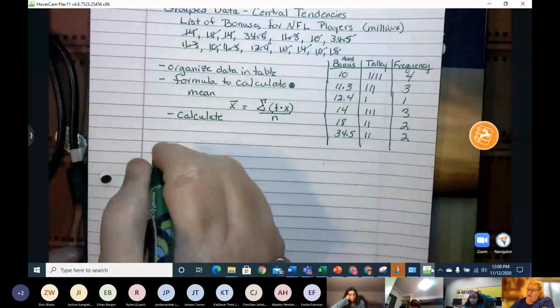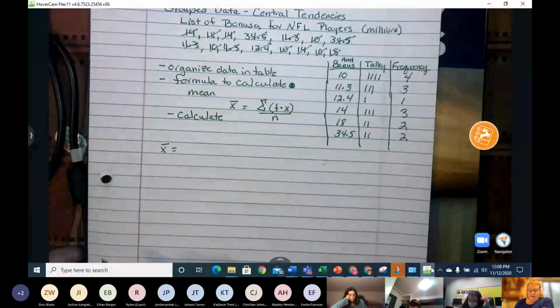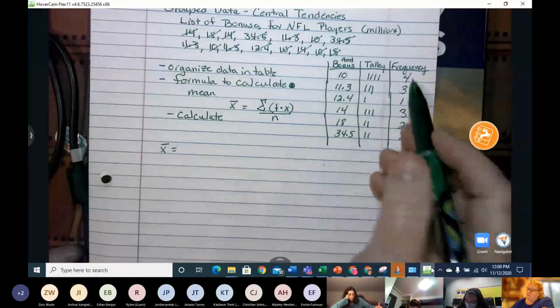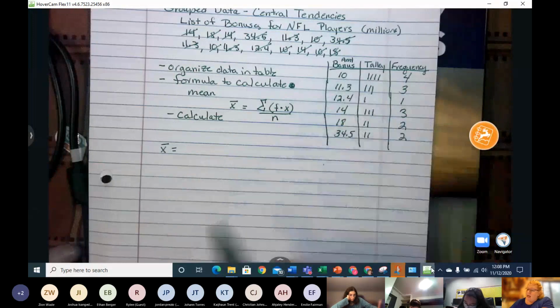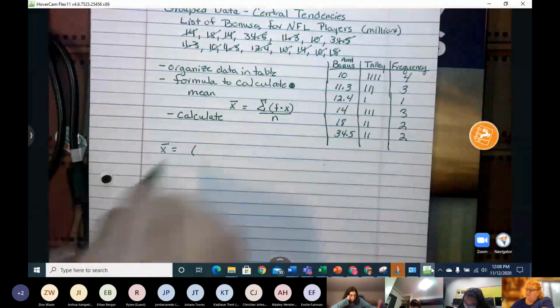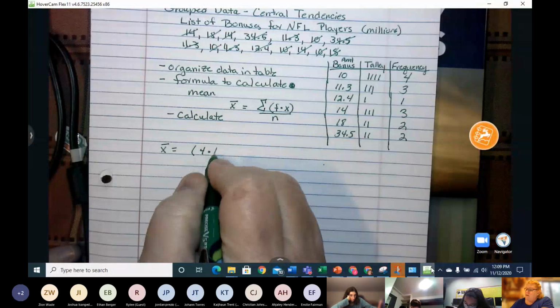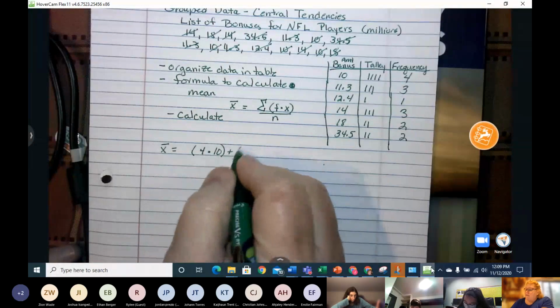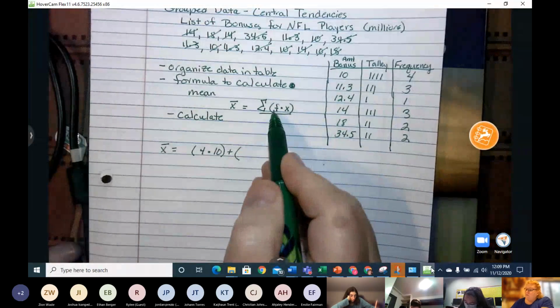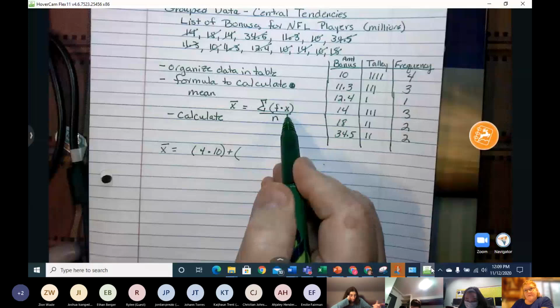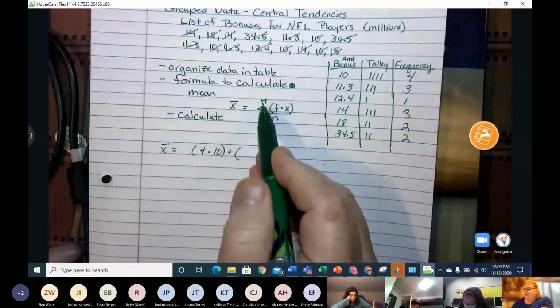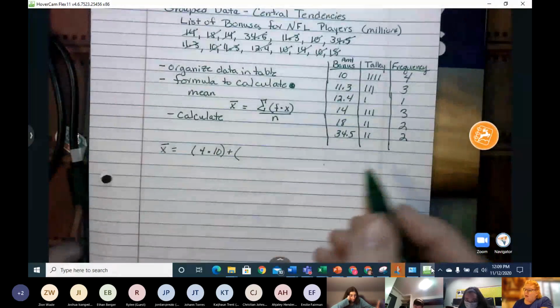So our sample mean is going to be multiplying the frequency times the data value. That means we do 4 times 10 plus, so we're doing the frequency times the data value, and then the sigma means to add them all up.